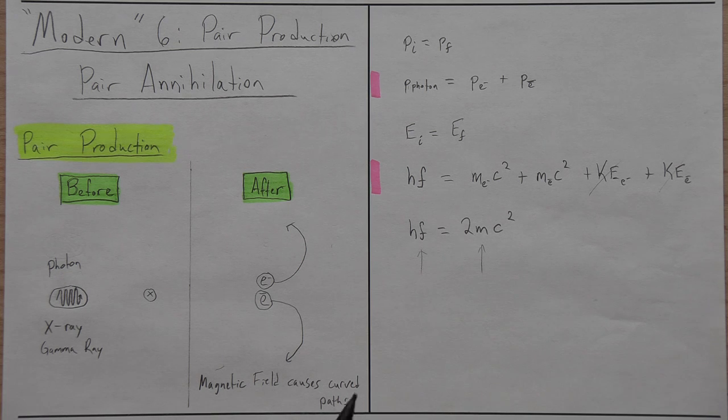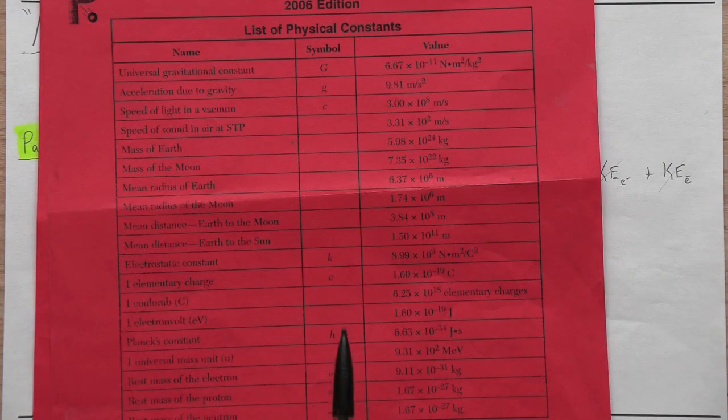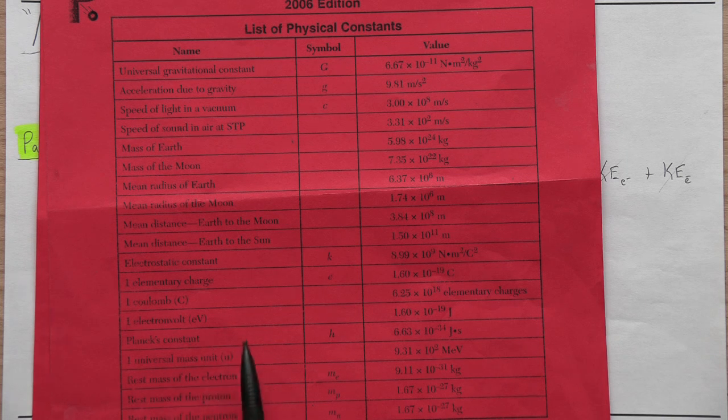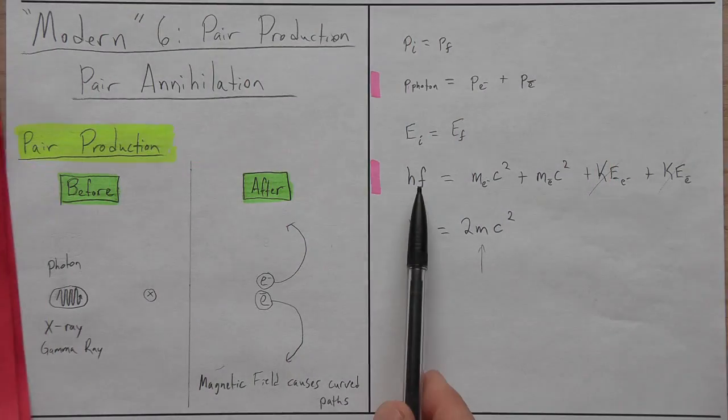So now what you can see is that you can calculate the minimum frequency necessary to produce an electron and a positron by simply plugging in Planck's constant here. Planck's constant is on the front cover of the reference table, near the bottom of this first table, h, there it is. You plug that value in right here.